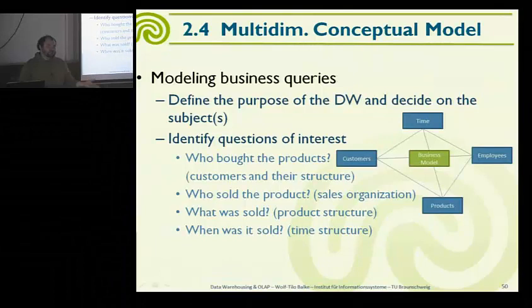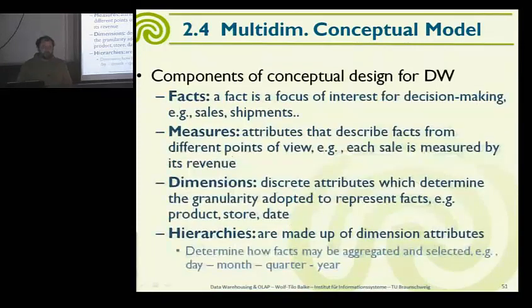You might talk about the structure of the products, what was sold. You might talk about time, when was what sold, so how are you doing over time? Are there possibilities to optimize that, right? And depending on the business model, you have all these different views, and what you're interested in is the subject that you orient your data warehouse on, right?